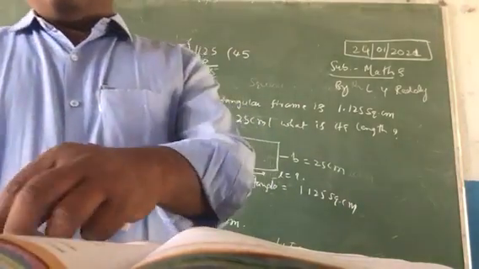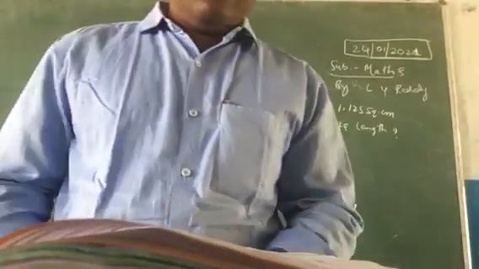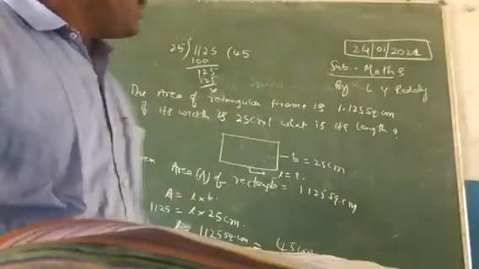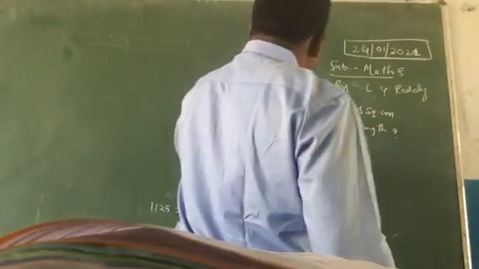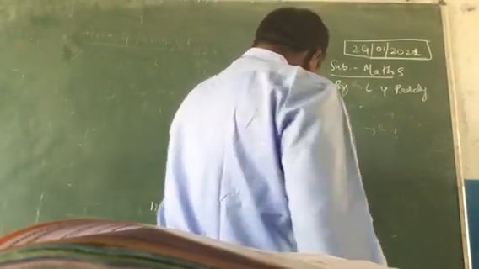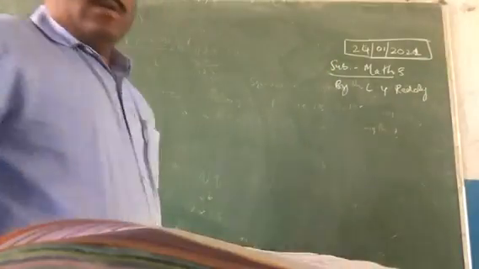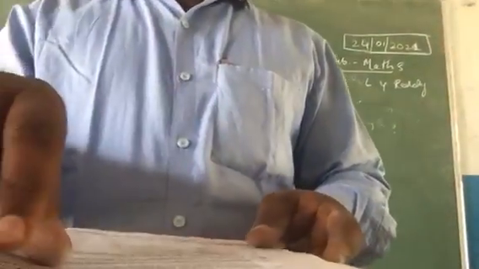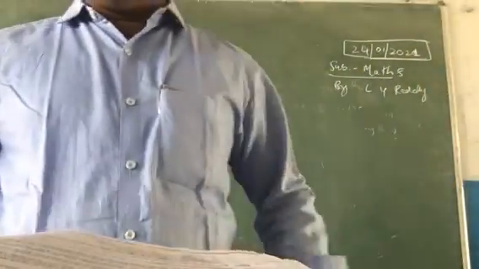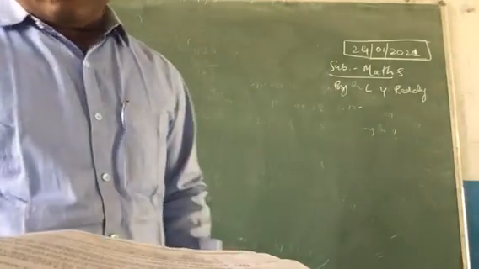Okay, children? Understood? Yes. Next, one more sum, children. So the second sum, children. See, the length of a rectangular field is 60 meters and breadth is half of its length.